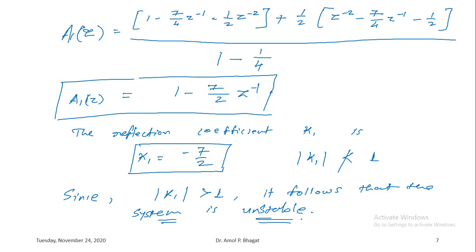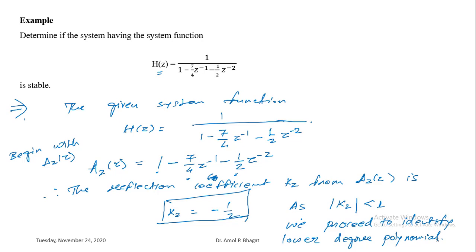Okay, so this is how you apply the Schur-Cohn stability criteria for identifying whether the given system is stable or unstable. Initially we had taken the system function and considered its denominator polynomial as a2 of z. From that we identified the reflection coefficient k2. Mod k2 is less than 1, therefore we identified the next coefficient, that is k1.